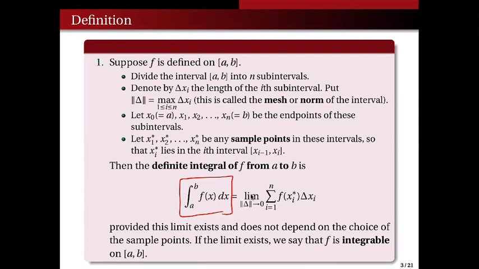So if we pass to the limit, if we push this norm to 0, that will mean the largest length will go to 0. But what does that mean in terms of the other subintervals? Since they are smaller than the largest, they will be forced to go to 0 also.